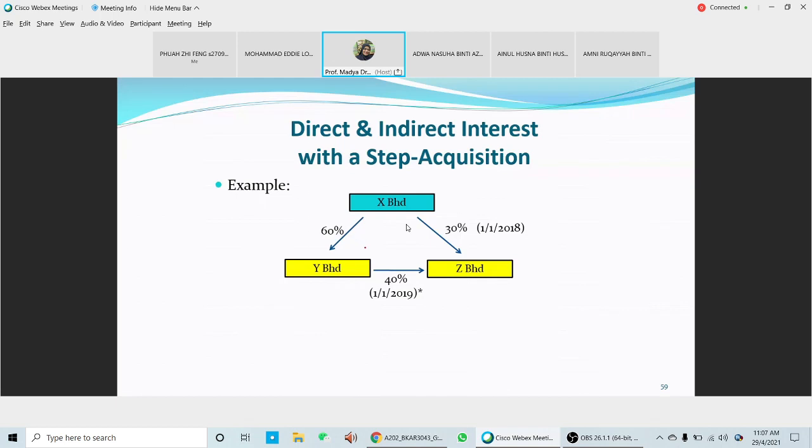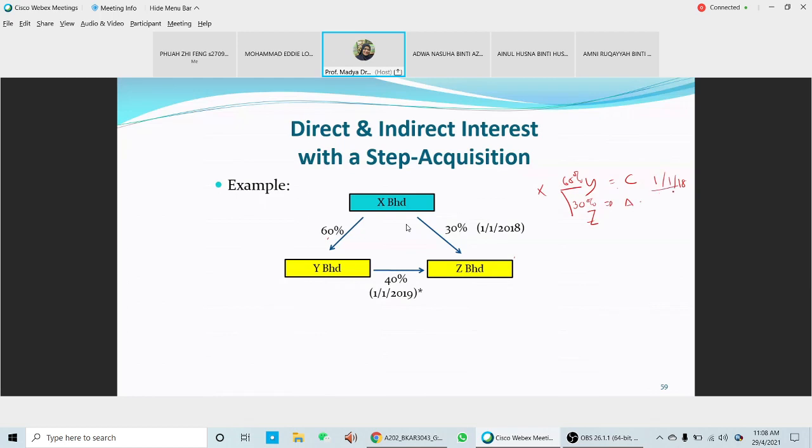X has both in Y and in Z. This one they have 60%, so they have control here on 1st of January 2018. And then they have 30% in Z, so 30% here is an investment in associate on 1st of January 2018.